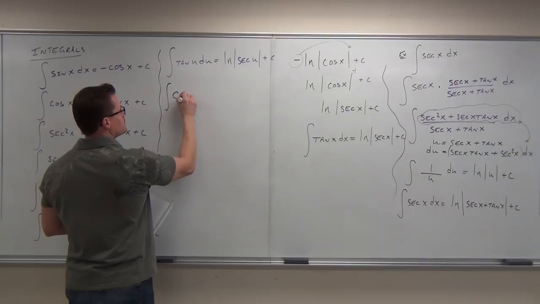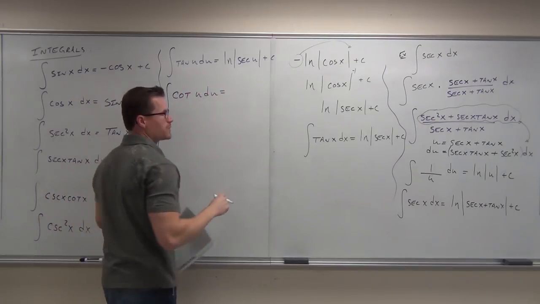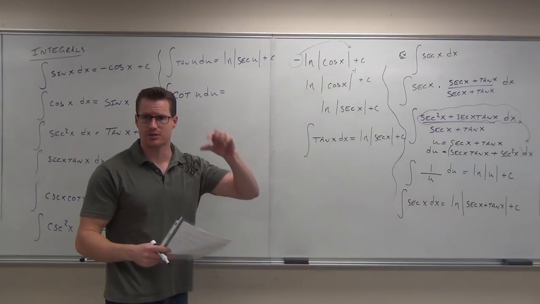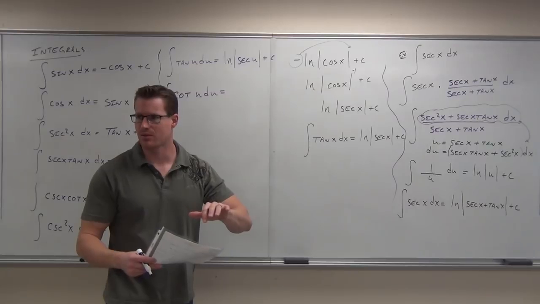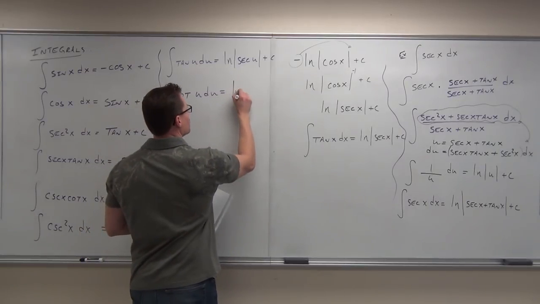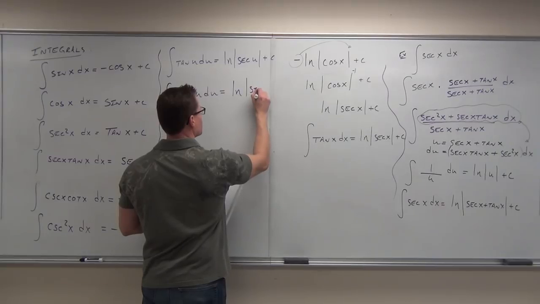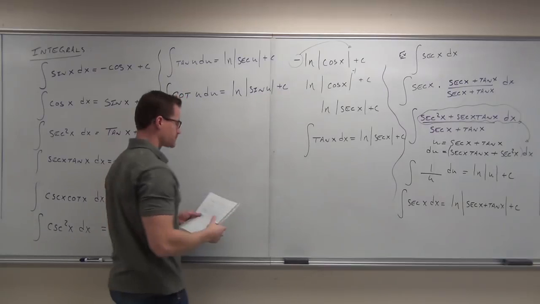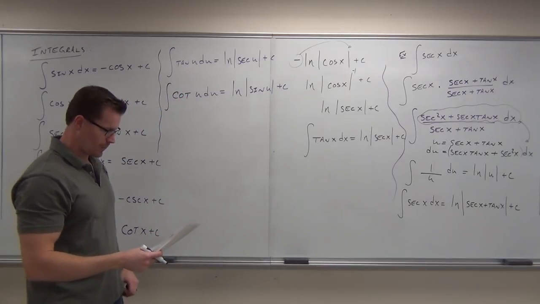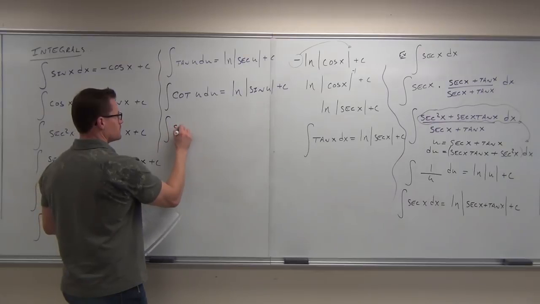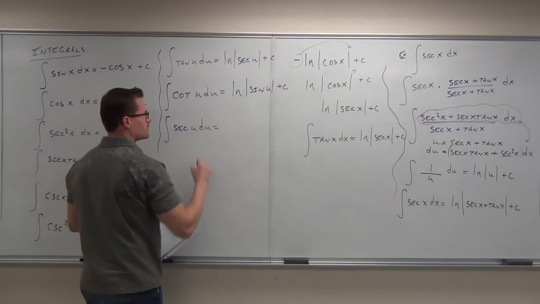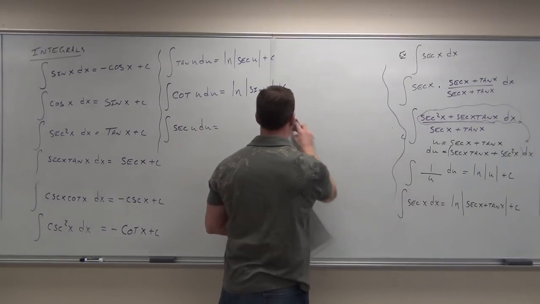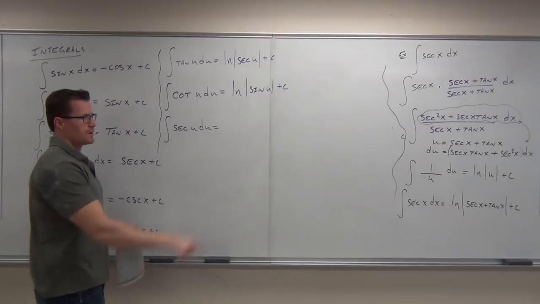We didn't do cotangent u, but I hope that you understand it would be really similar to tangent. All you'd have is cosine over sine, you do practically the same thing, and you're going to get this. This one we did do. This one we did do, right over there.